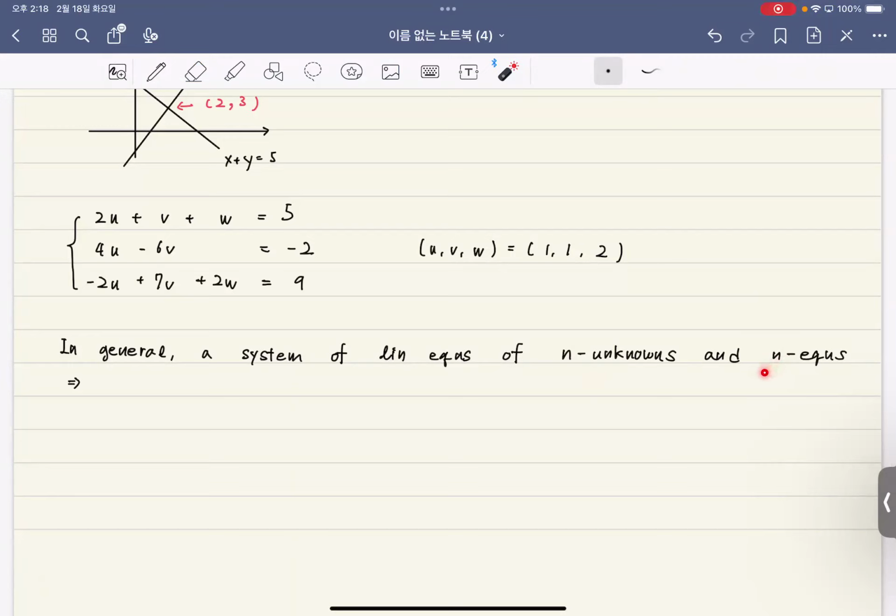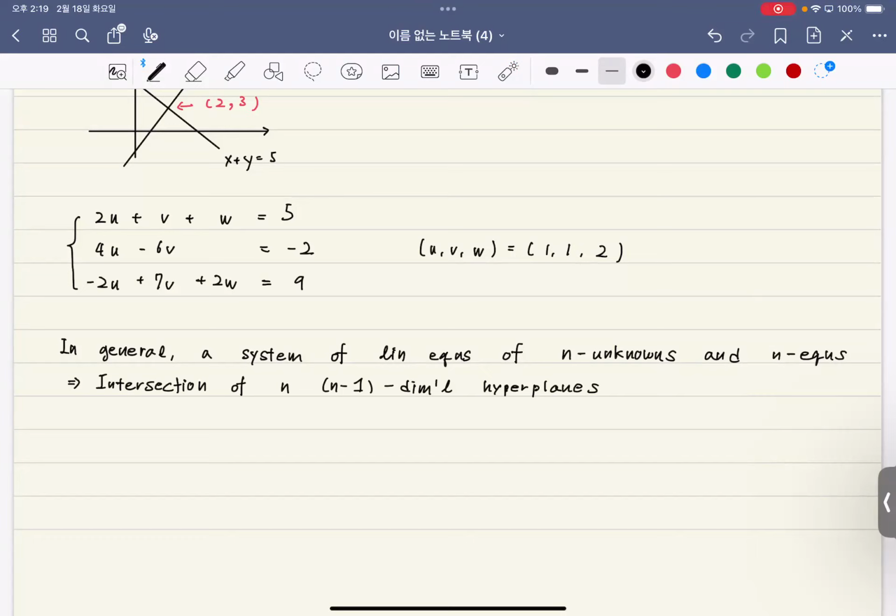n minus 1 dimensional geometric objects, which I will call n minus 1 dimensional hyperplanes.